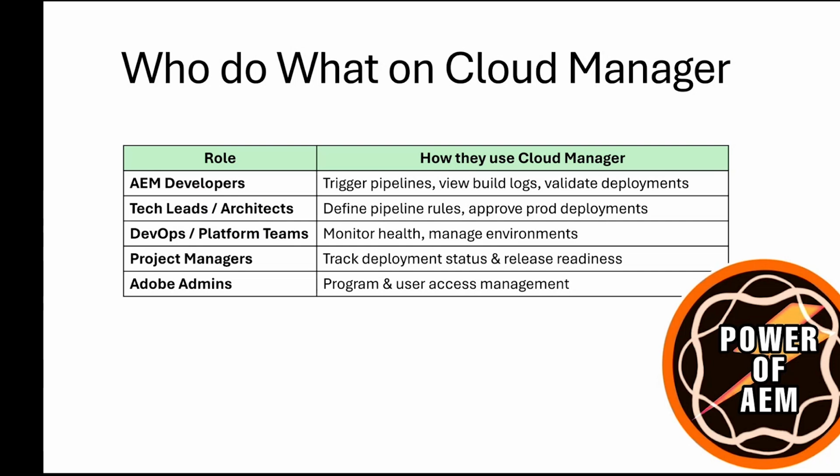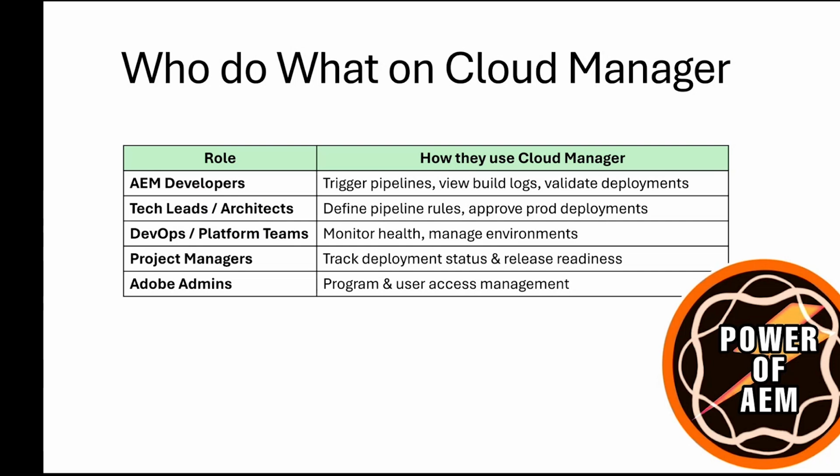AEM developers need to trigger the pipeline, check the logs, and validate the deployment. Architects or tech leads need to define the rules of the pipeline and provide the approval for production deployment. DevOps or any kind of platform manager needs to monitor the overall health of the environments, and also manage or spin up new environments.